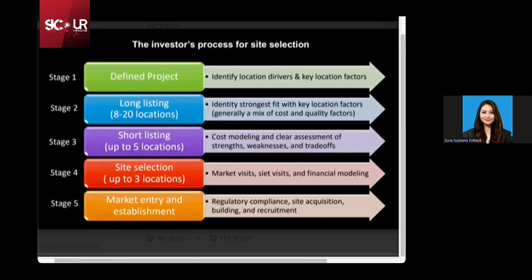After that, you select sites up to 3 locations. This is where you go for a market visit, site visit, and financial modeling, calculate everything, okay, cost analysis, and so on. And after that, once you have determined all of that, then you can do your establishment.